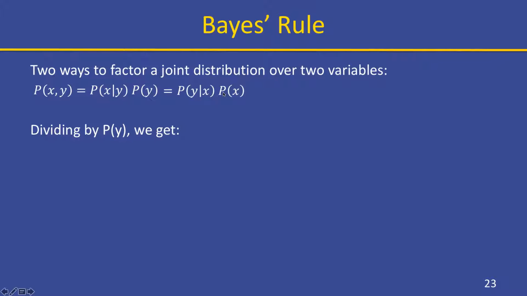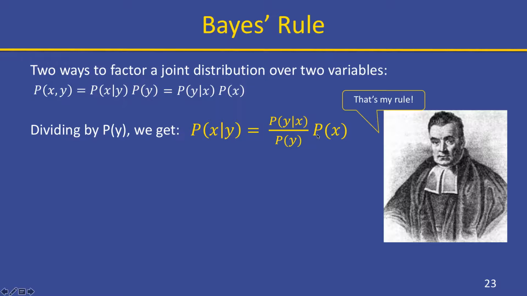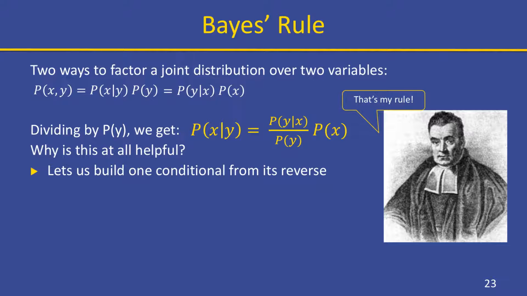We can divide both sides by P of y, and we get P of x given y is equal to P of y given x divided by P of y times P of x. And this is Bayes' rule. This is one of the most important rules in AI. Why is it helpful? Because it allows us to build one conditional from its reverse.